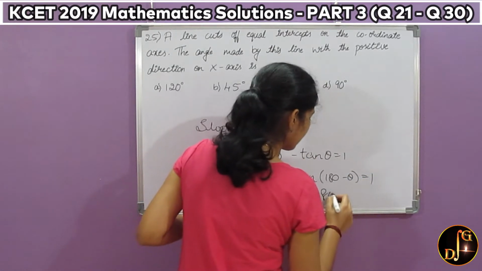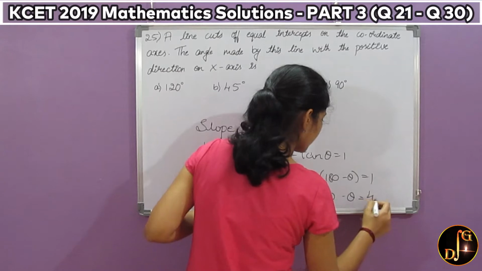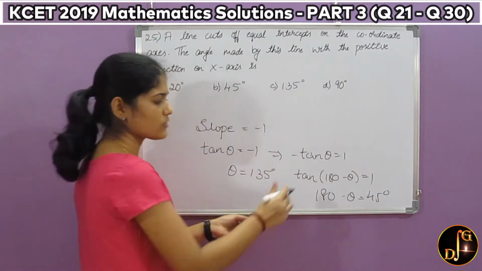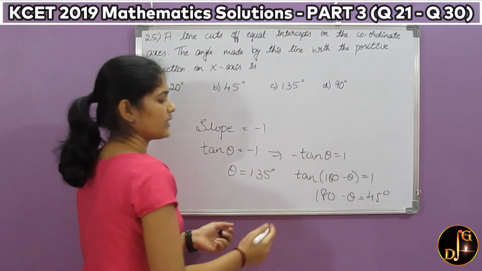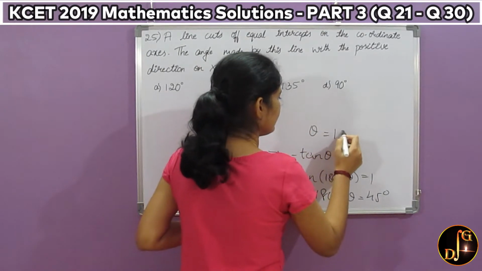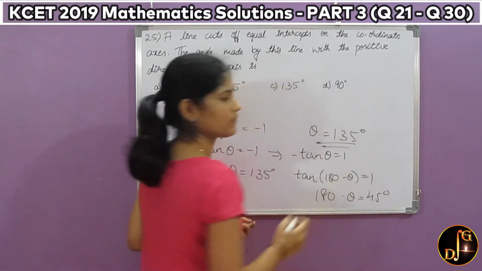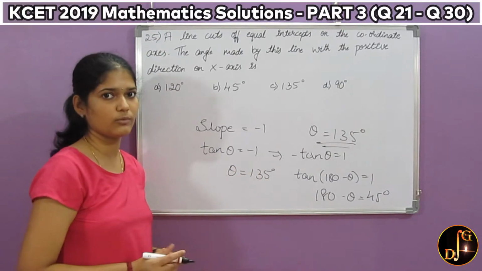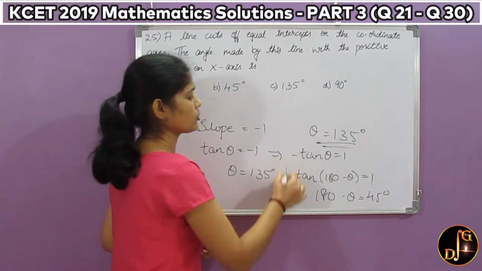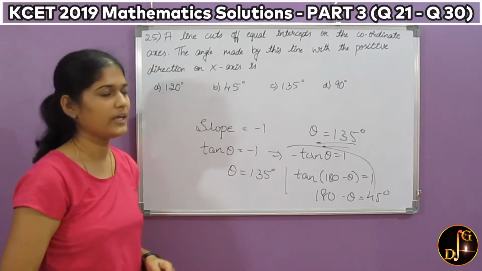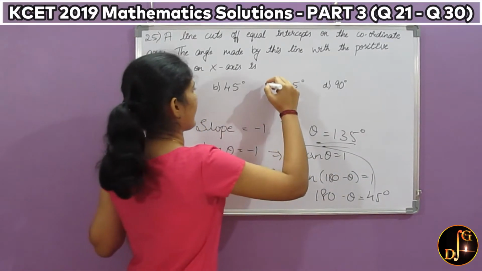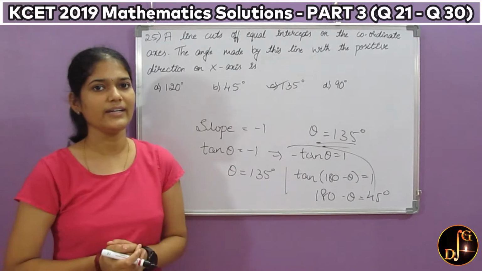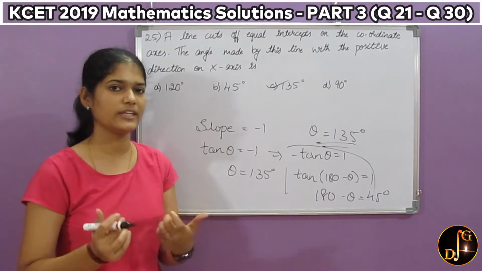So 180 minus theta will be 45 degree, because we know that tan 45 is equal to 1. That means theta will be 135 degree. If you know the direct formula, then you can write theta is equal to 135 directly, or else you can solve in this method. So the correct option is option C. Right? Now let's move on to the next problem.